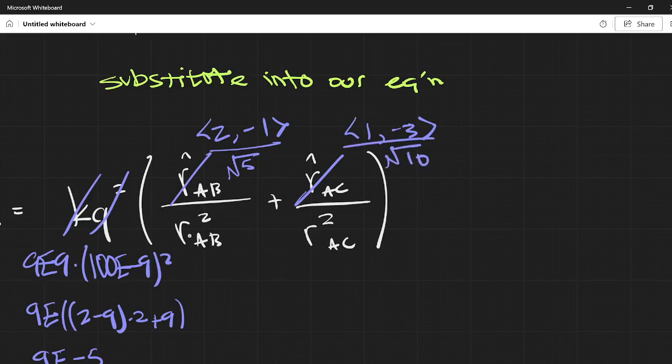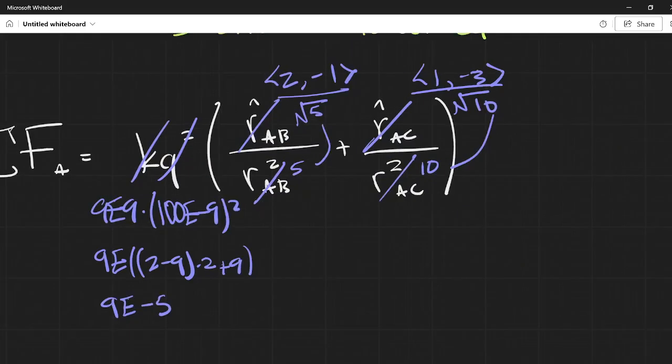So that's going to end up on the bottom here. Actually going to get an r cubed term. So we know that RAB is square root of 5. Square root of 5 squared is 5, right? Same thing here. We know it's the square root of 10, so square that. This is 10. And then we're going to put these on the bottom with those in the next step.